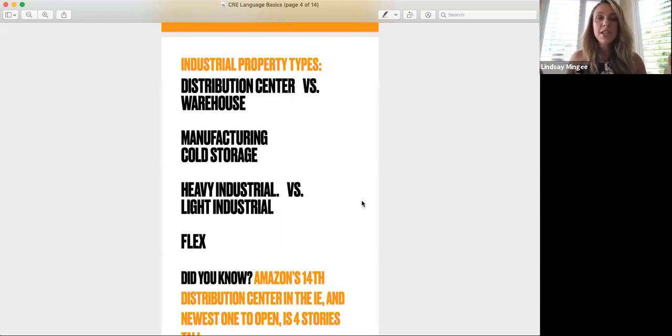Okay, other types of industrial property types: manufacturing, cold storage. Questions on those if anyone has one, but they are what they are. When we talk about industrial, we talk about the difference between light industrial and heavy industrial, right? So if I am manufacturing automotive parts and airplane engines, that's an example of a heavy industrial use, right?